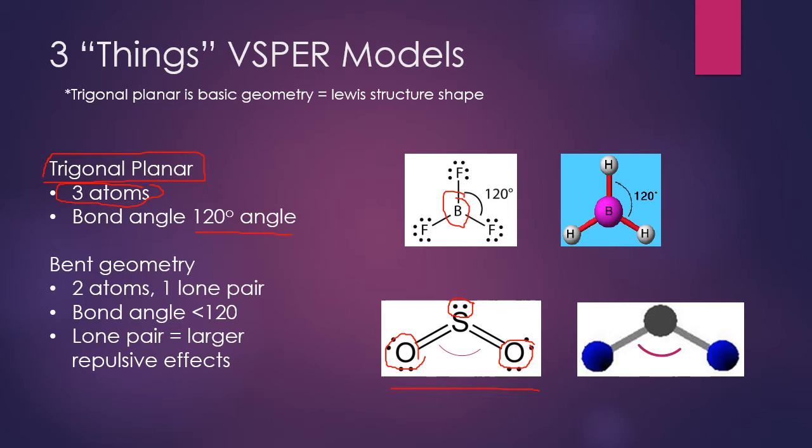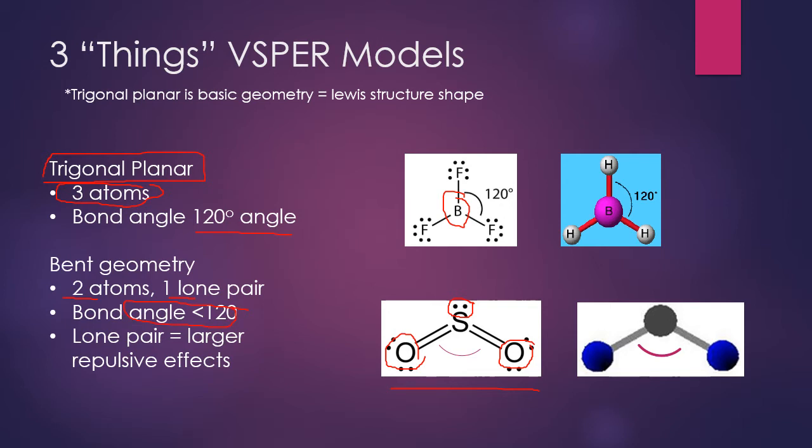So it has 3 total things, but 2 of those things are atoms and 1 is a lone pair. Due to 1 being a lone pair, that changes the shape. We now have a bent molecule, and the bond angle is going to be less than 120.